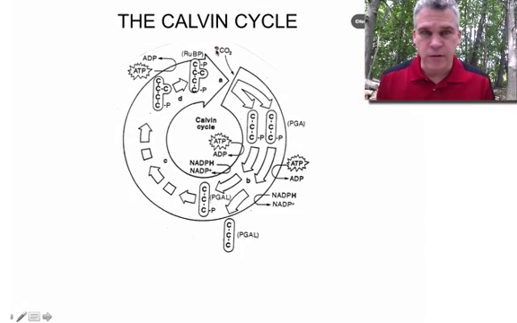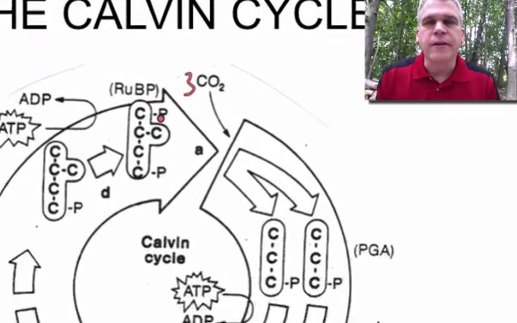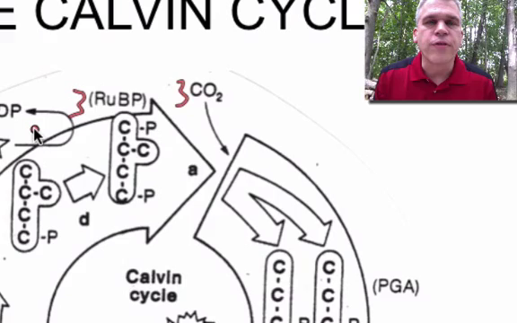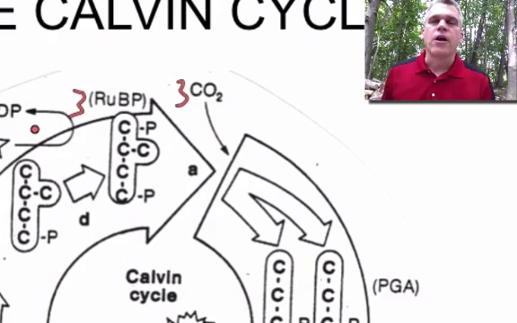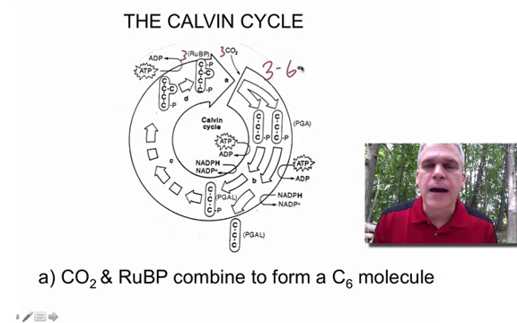In the Calvin cycle, we're going to start with carbon dioxide coming in, and there's actually 3 carbon dioxides that are going to be used along with 3 of these RuBPs, or ribulose bisphosphate, and it's going to form a 6-carbon molecule, and specifically it's going to form 3 of those 6-carbon molecules.